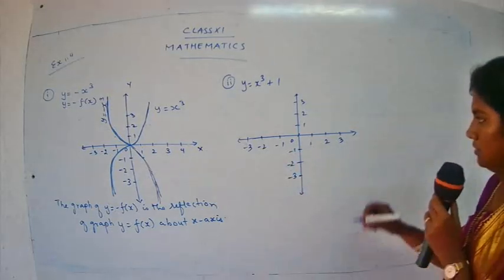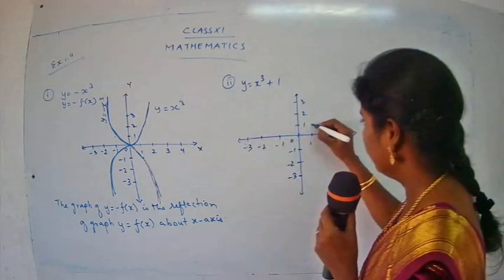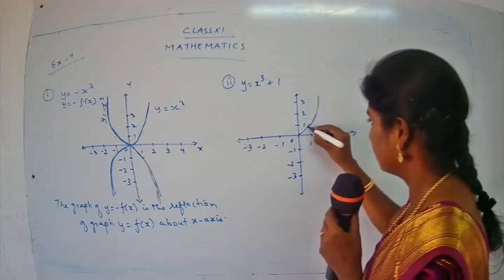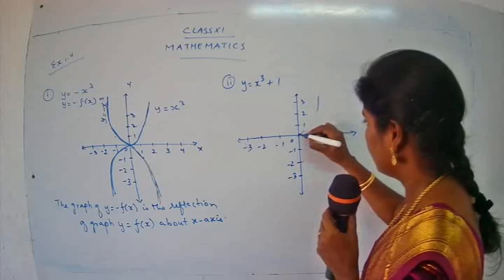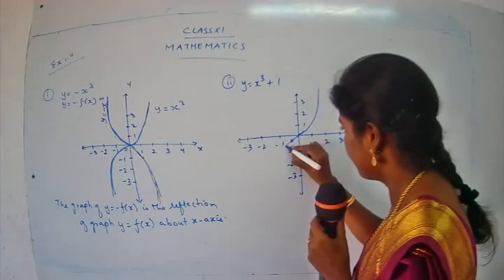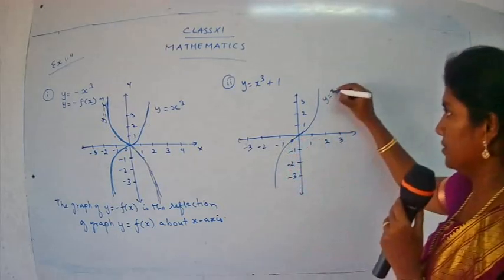Okay. So let's plot the graph. First I'll just plot the original graph. From 1, 1, it goes somewhat like this. y is equal to x cube.